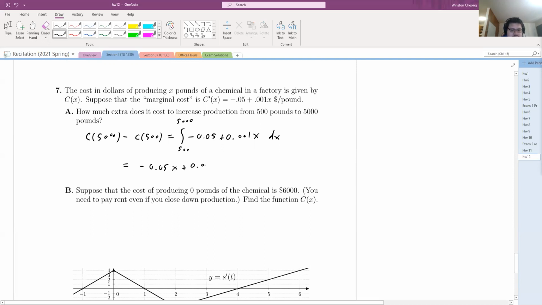So 0.001x squared over 2, and then you want to plug in these two values. If you do one evaluation minus the other, you'll get 12,250 minus 100. So the final thing you end up with is 12,150.